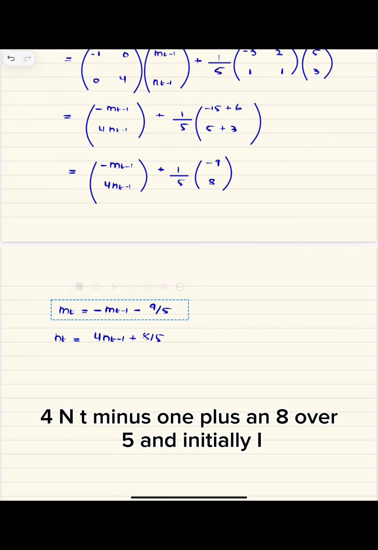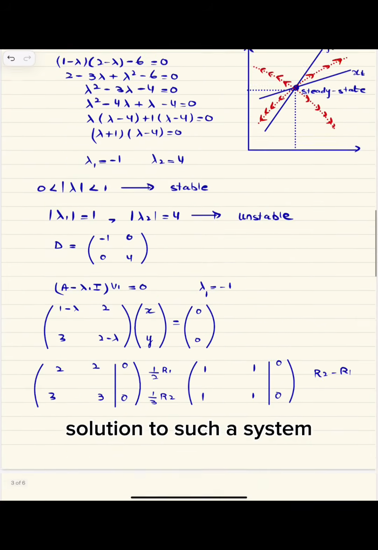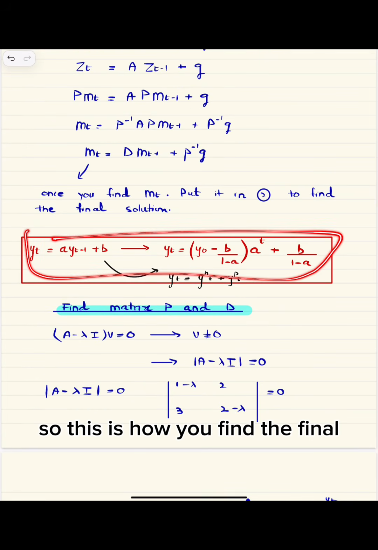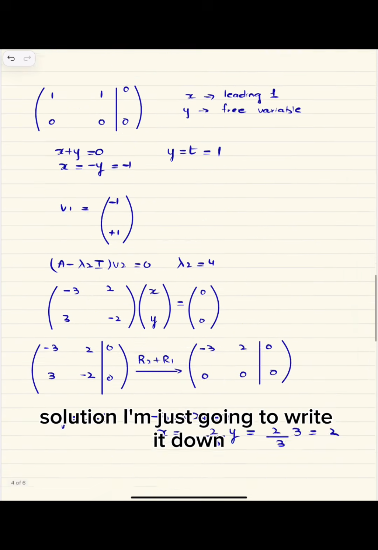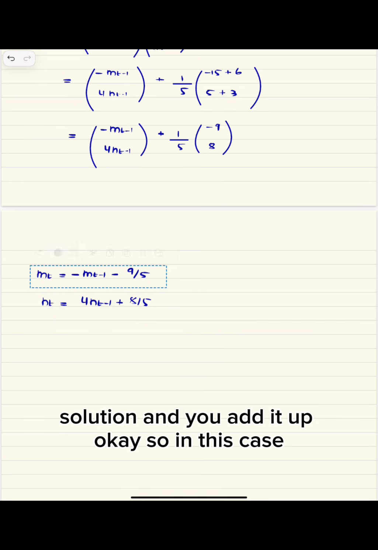And initially I showed everyone how to find the solution to such a system. We've already covered a video over it. So this is how you find the final solution. I'm just going to write it down. You find the homogeneous and the particular solution and you add it up.